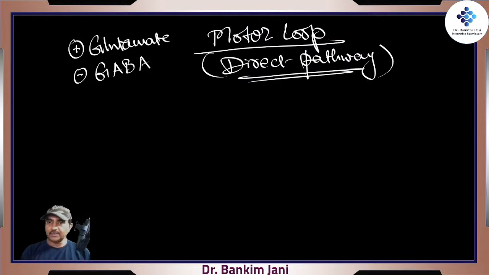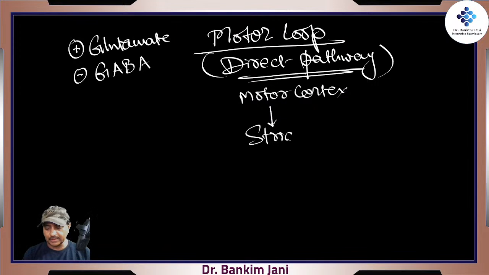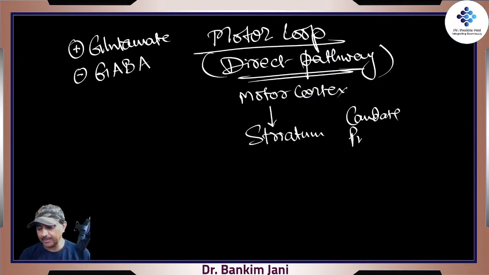The game always starts with the motor cortex. This motor cortex will always send a stimulatory signal to the striatum. The striatum is like our friend; we know that it is the combination of caudate and putamen.